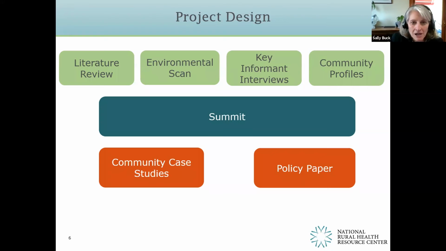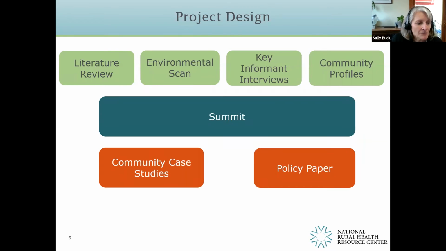Then we also added in key informant interviews. We talked directly with some rural community members to gain further insights on the design and build of the community profiles. We interviewed 5 folks who are participating in the summit from their provider or leadership perspective in healthcare or behavioral health.